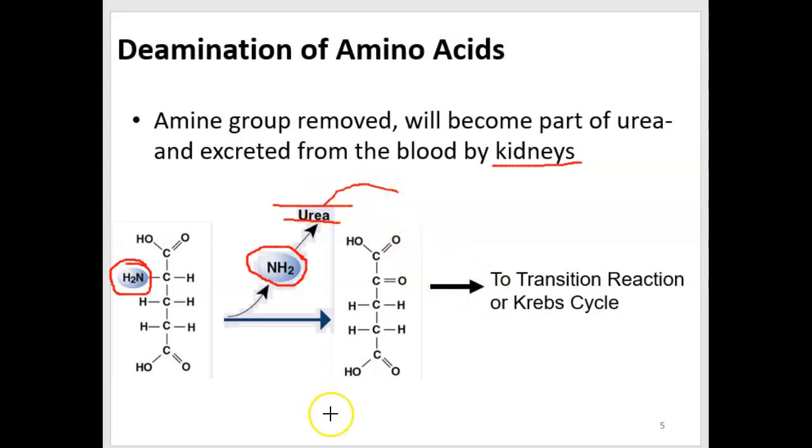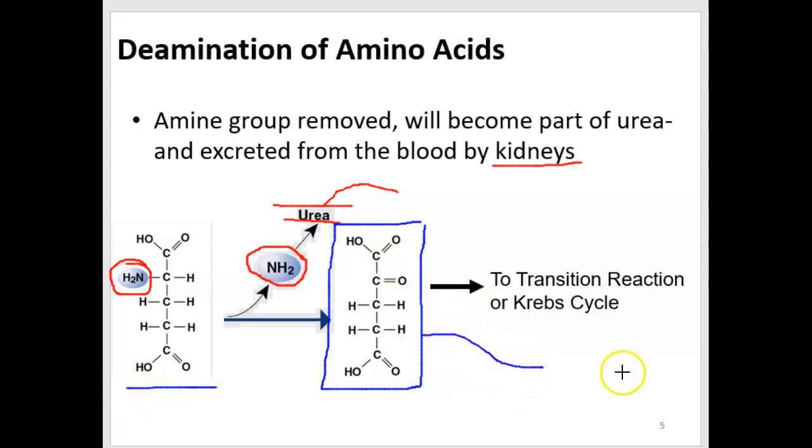It'll be excreted. But what we have left over is the backbone, I guess, of the rest of the amino acid right here, just no amine group. This one you'll notice, because I started with a certain amino acid, has 5 carbons.